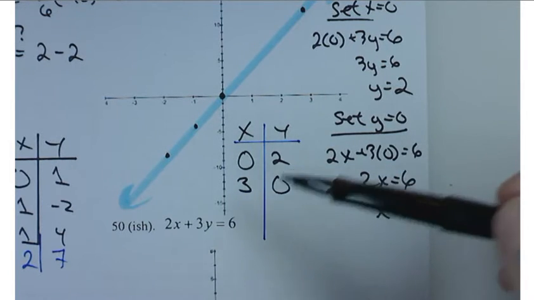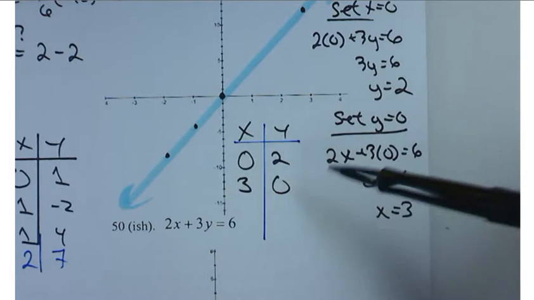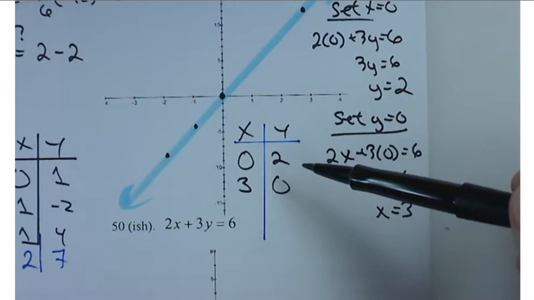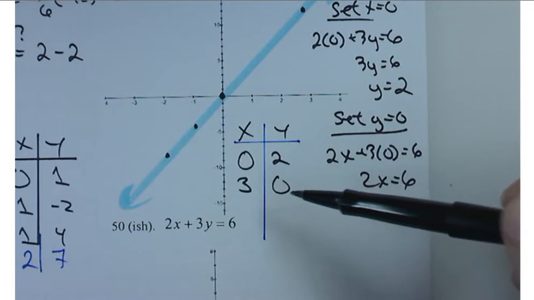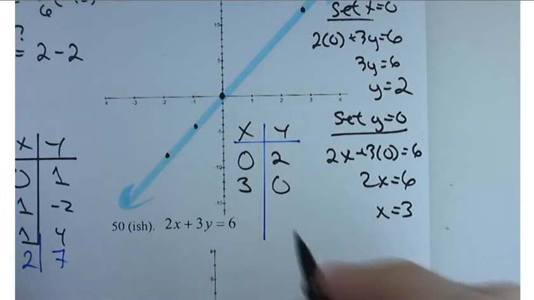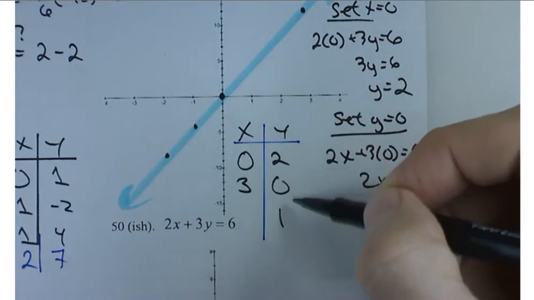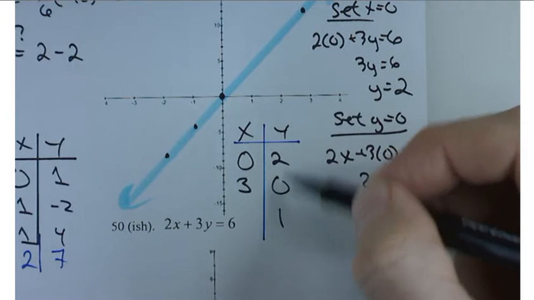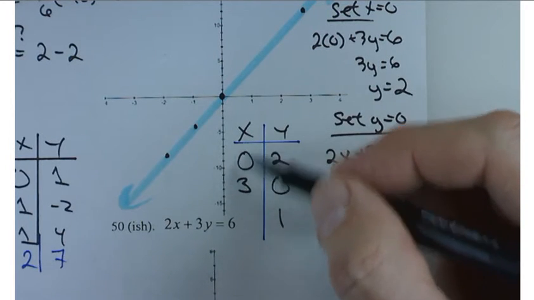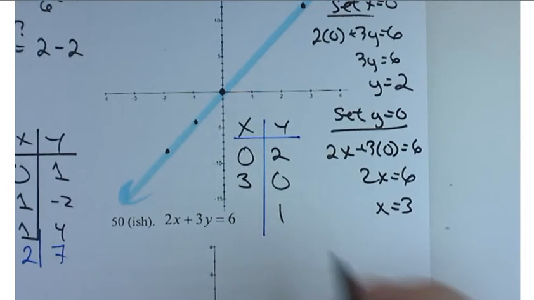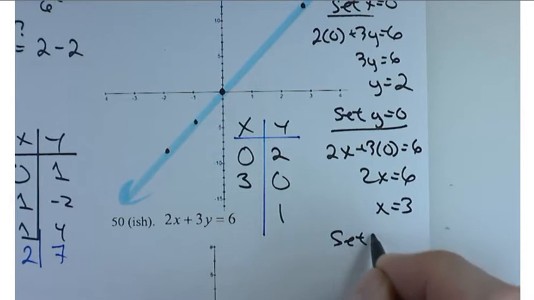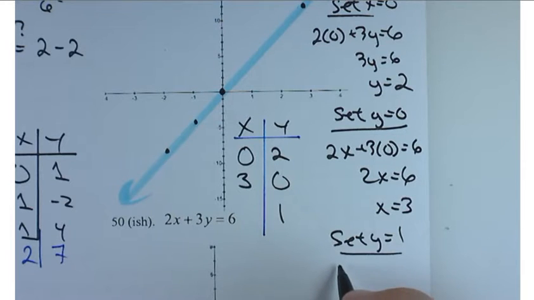-3 would work good. Somebody said 1. 1 for x or 1 for y? 1 for y? Okay. I like 1 for y, because 1 for y is right between 0 and 2. So when I plug that in for x, I should get a value that's right between. Let's see what happens. When I set y equal to 1, I get 2 times x plus 3 times 1 equals 6.